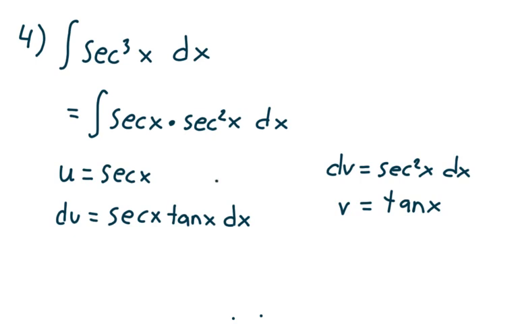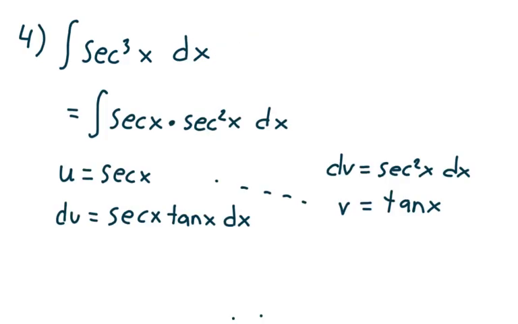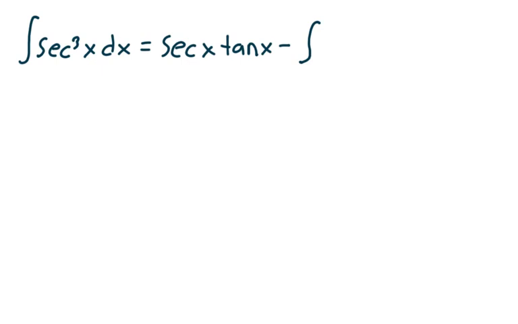So the integral of secant cubed x dx is equal to uv, which is secant x tangent x, minus the integral of v du, which is secant x tangent squared x dx.